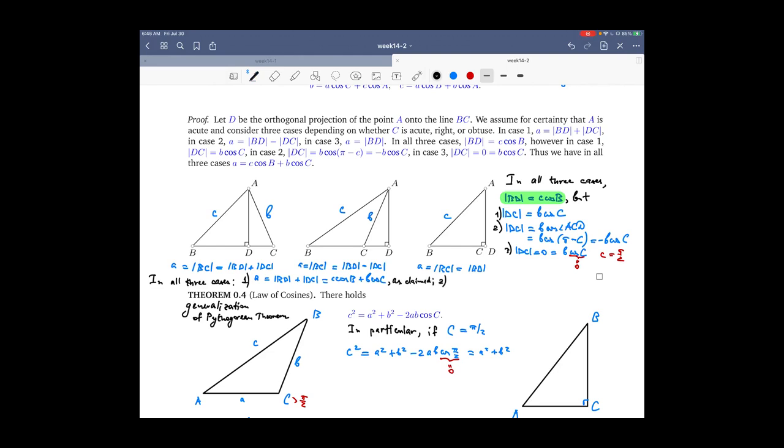In the second case, we get a, which is BD minus DC, and BD is c cosine B, and DC is negative b cosine C. And that is b cosine C plus c cosine B as claimed.